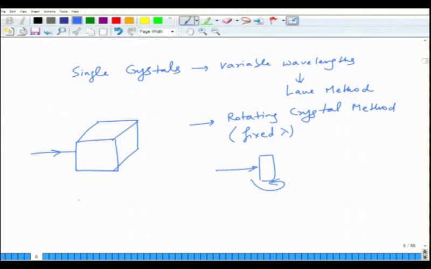Because remember, you have to follow n lambda is equal to 2d sin theta. If your lambda is fixed, then the only two things are d and theta, which are dependent upon each other, right. So, orientation of a particular plane with a particular d spacing will not guarantee whether Bragg's law is satisfied or not. As a result, you need to change lambda so that a particular plane will diffract, okay.